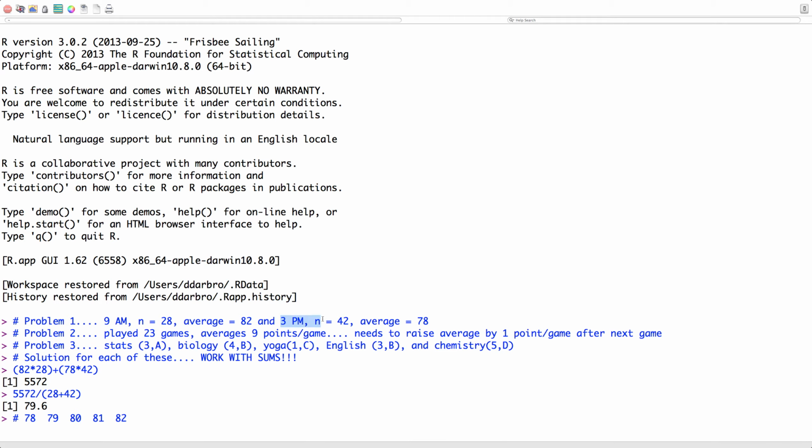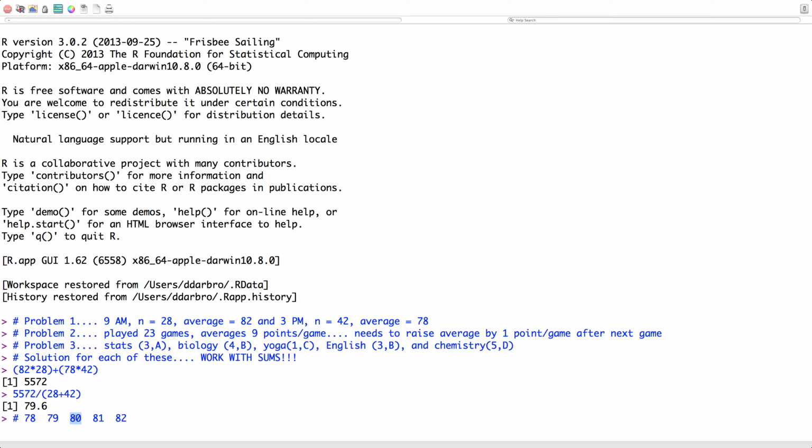The 3 p.m. class, which had an average of 78, contains more weight because there's more students that contributed to the 78 than contributed to the 82. So what we're going to expect is we're going to expect the mean to be drawn toward the 78 because the 78 has more weight because there's more students to the 42.